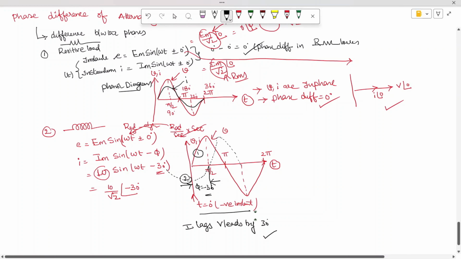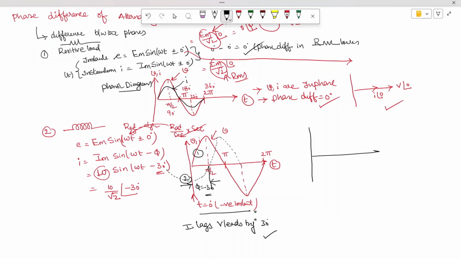If you want to draw it in the graphical method, you can see how we draw it. This is V at an angle 0, which I am writing as Em by root 2 at an angle 0. But the current, when you draw it here, is 10 at an angle of minus 30. When you travel in the counter clockwise direction, the reference we take is plus 5.